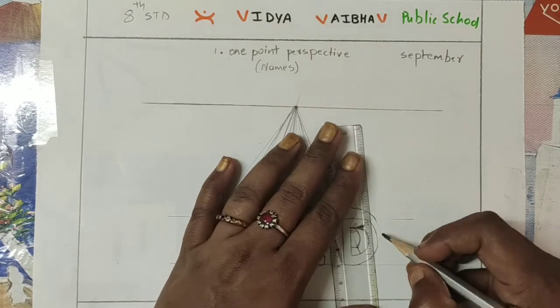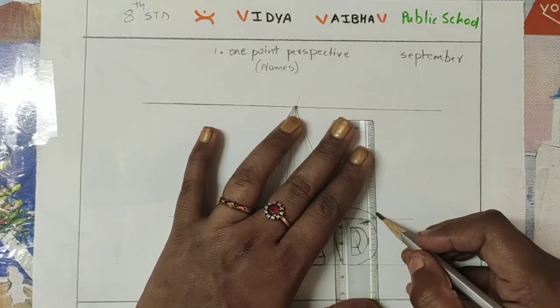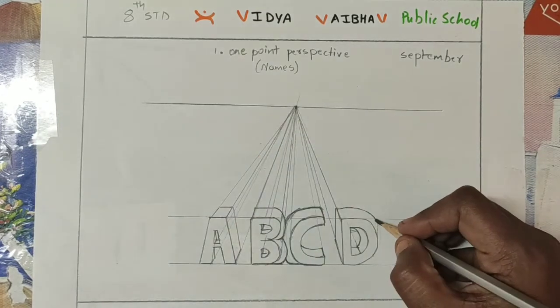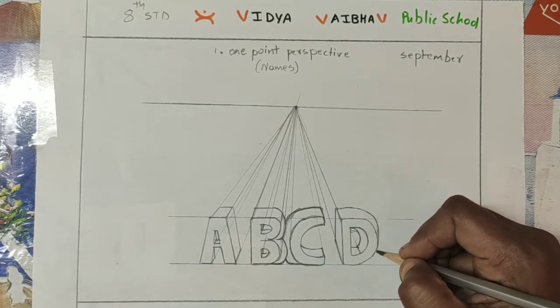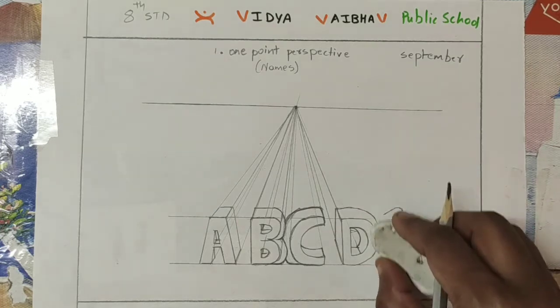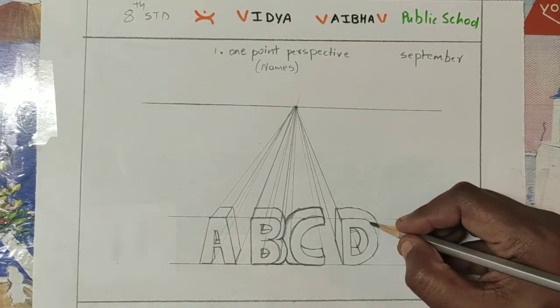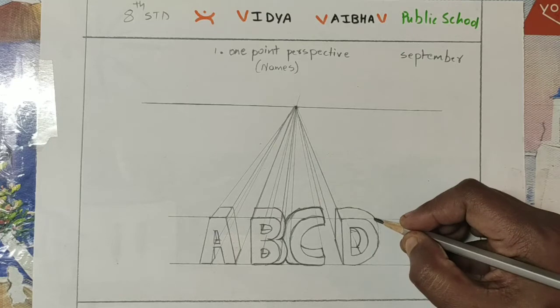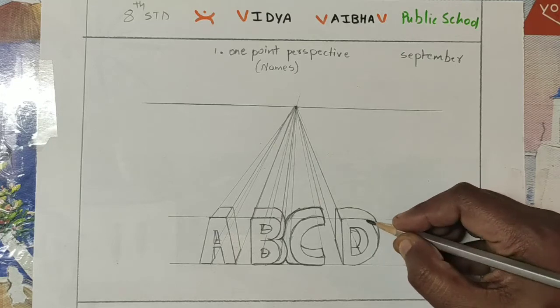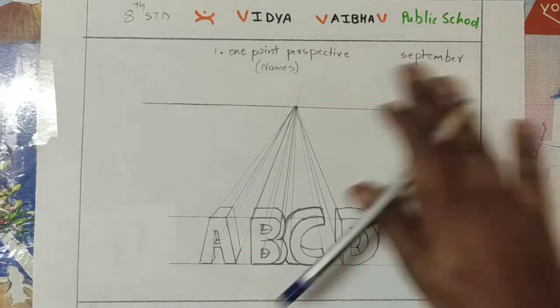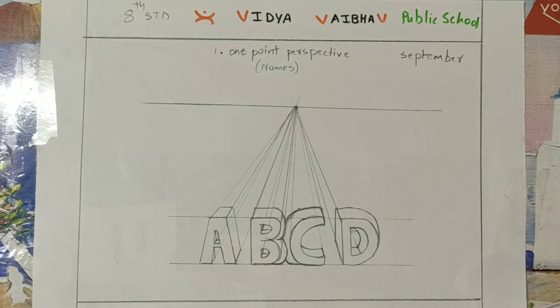See, here for the D I felt the stroke was a little more outside, so I drew one line and I'm connecting within that. Make sure that your pencil is sharp and you are using a proper stroke. Okay, don't erase the imaginary lines.